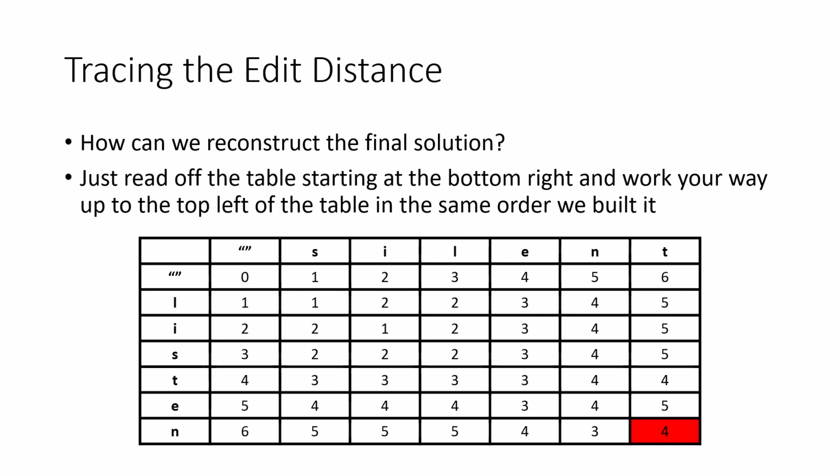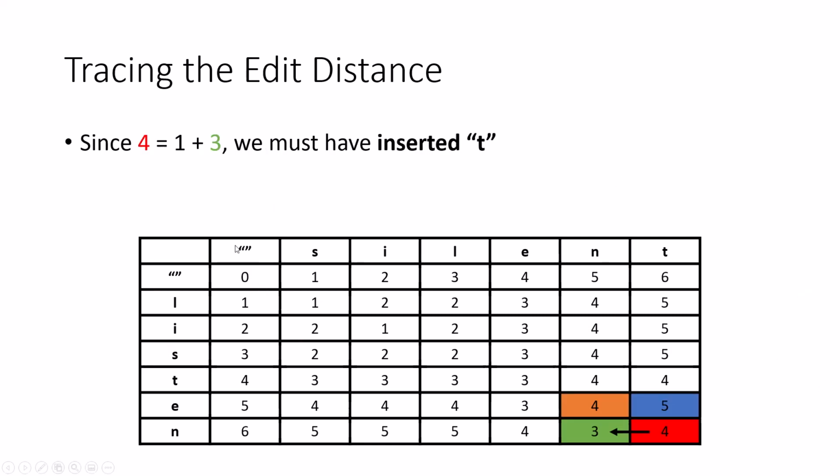To do that, we can directly use the table that we just made, because if we were able to build up the table, we should have enough information to know how to traverse back from the final word, silent, to the first word, listen. So to do that, we are going to trace through.